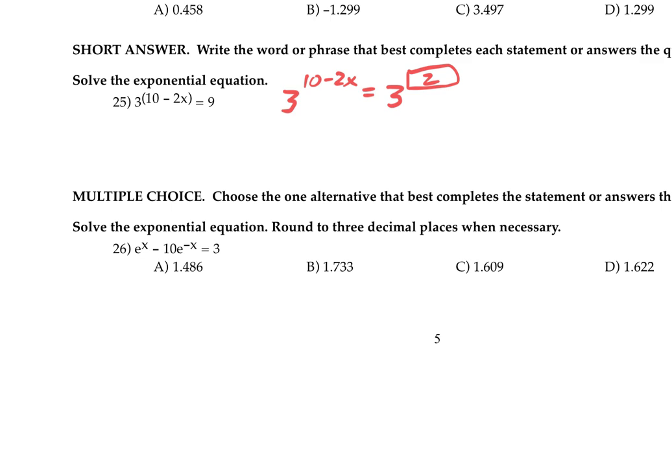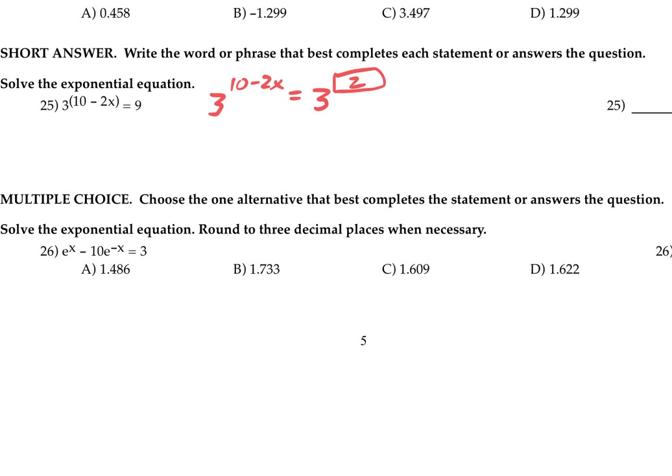And the reason I think that's a piece of cake now is because as long as these two are the same base, which they are, they're both base 3, then the two exponents have to be equal. So all I got to do is say 10 minus 2x equals 2, and then solve for x. It's just a two-step equation. I think that's slightly easier.